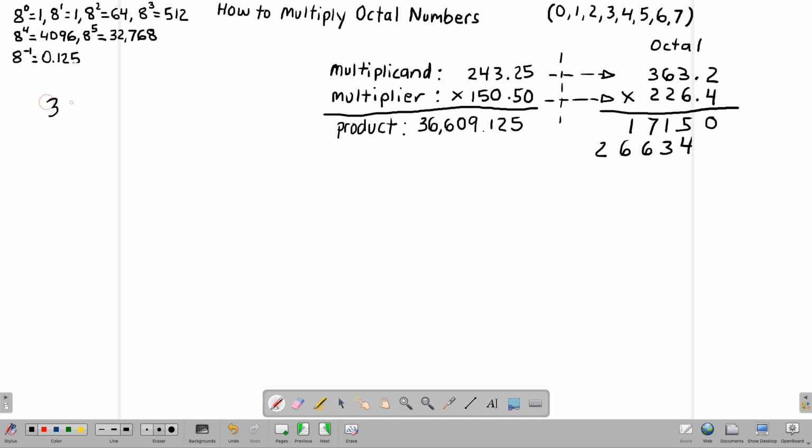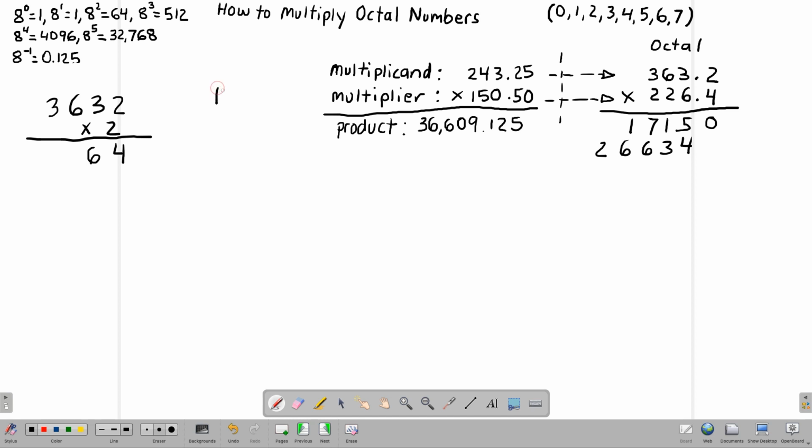So we have 3, 6, 2, and then multiply by 2. All right, so 2 times 2 is 4. And 4 is in the set here, so there's no more conversions there. Next value is 2 times 3, which is the value 6. 6 is also in the set of octal digits at the top, right? And now we multiply 6 times 2, we get the value 12.